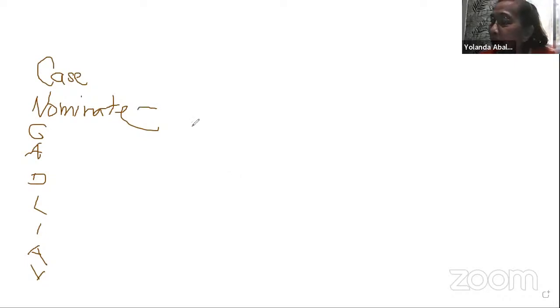Ang gamit ng nominative case ay tinatawag natin naming the object. For example, we have the word. Sa Hebreo, ang tawag niyan, hadavar.